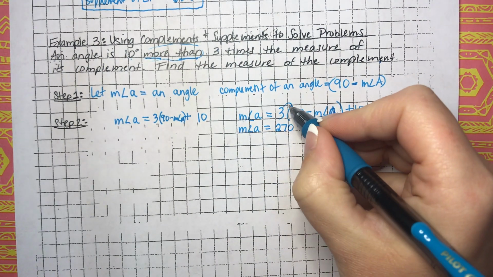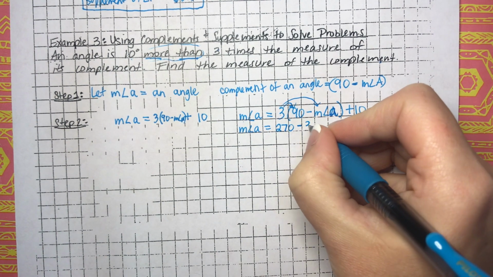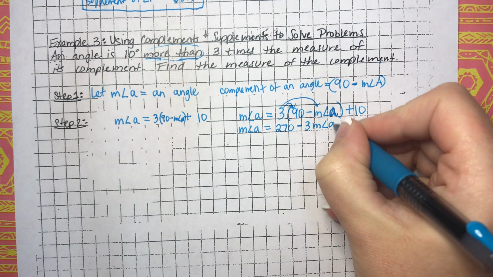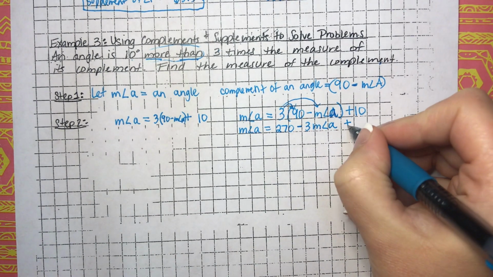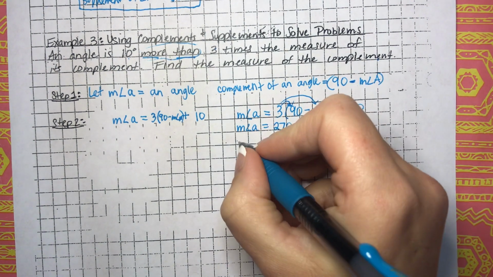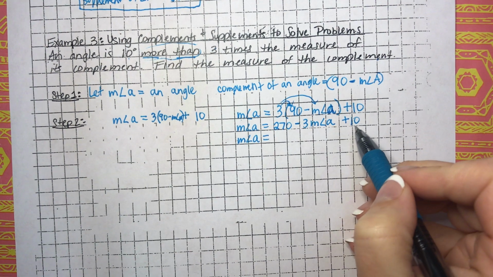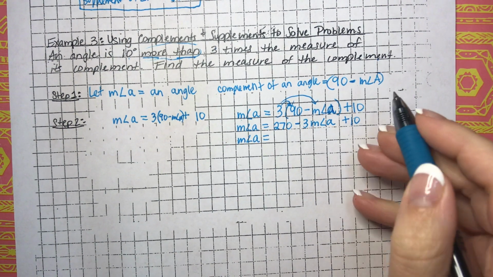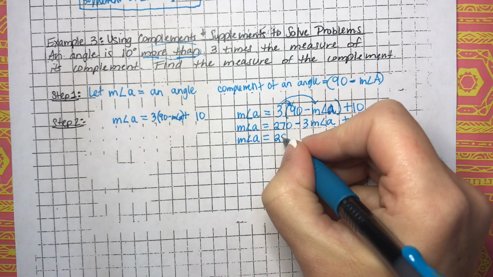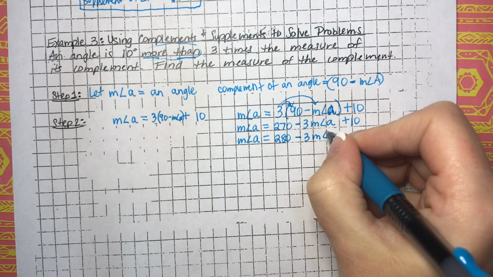And we got to distribute the 3 here, so that's going to give us negative 3 measure of angle A plus 10. Then we can simplify these numbers. So measure of angle A equals 270 plus 10, which is 280, minus 3 measure of angle A.